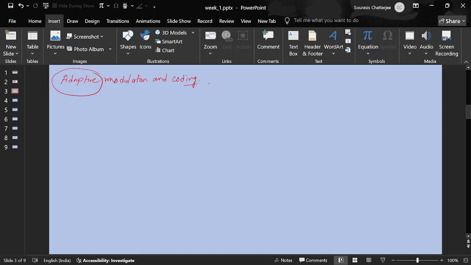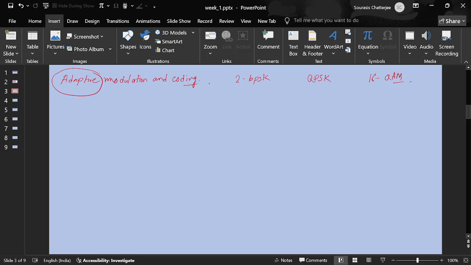Before that, I will write quite common modulation schemes. Let's say BPSK, then QPSK, and let's say 16 QAM. So first of all, data is not transmitted in a raw manner.